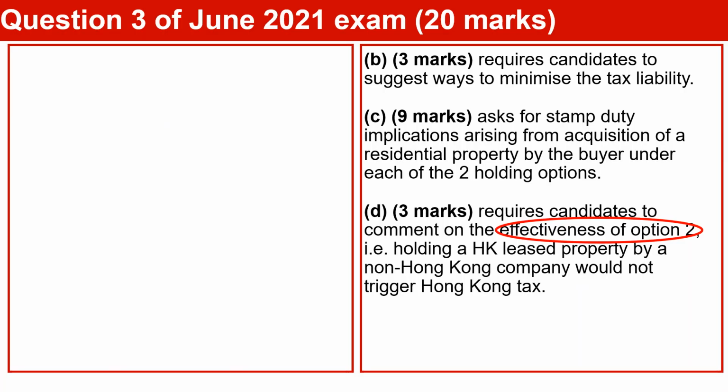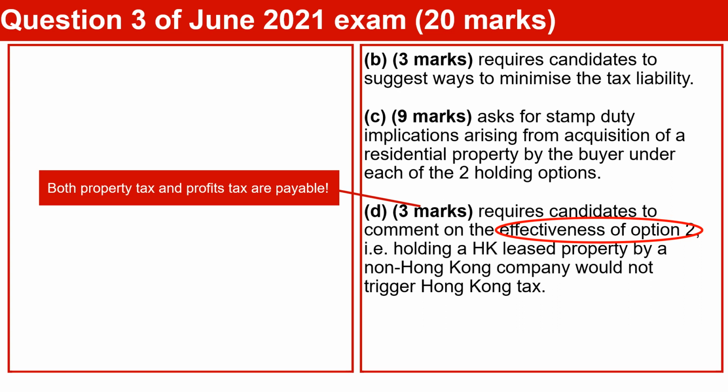The last part of this question, of 3 marks, requires candidates to comment on the effectiveness of option 2. Under option 2, by using a company to earn rental income, both property tax and profit tax would potentially be payable. We expect you to be able to address this problem.